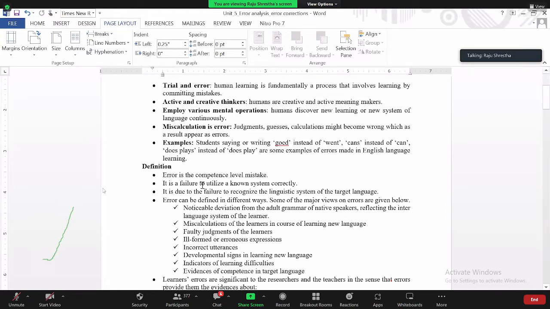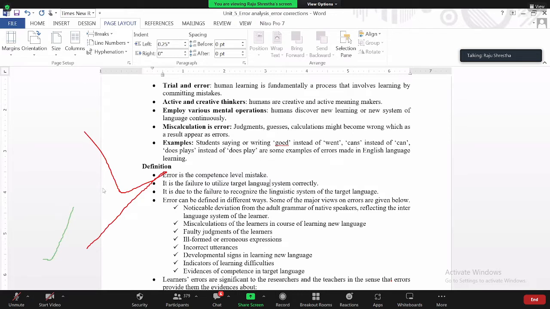It is the failure to utilize the target language system correctly. यो सिस्टमलाई राम्रोसँग युटिलाइज गर्ने जानेन के utilize the system.